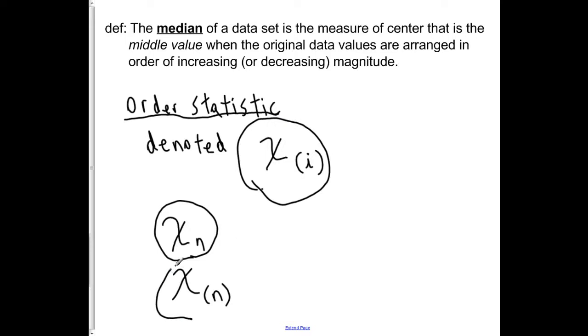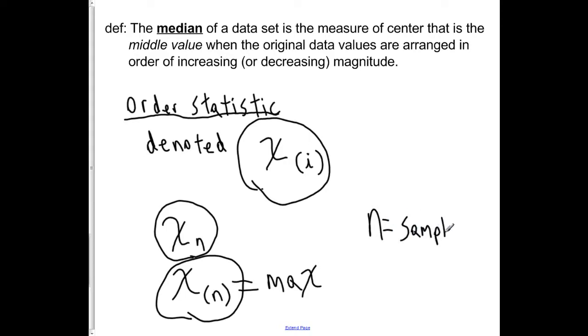This one, x with the parenthetical n, is actually the maximum data value. And n could be lowercase or uppercase, by the way. N is just the sample or population size. Since we're using lowercase n, we're looking at the sample size.